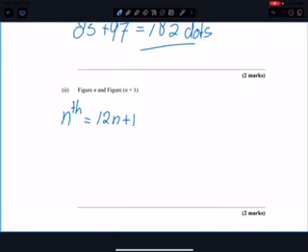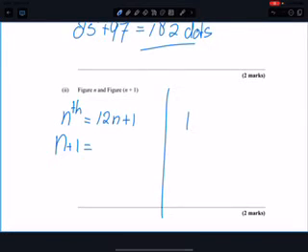So the n plus 1 term, how many dots does that have? That is the number of dots after the 1. So let's say you take 1 for the n. If n was 1, how many dots would you have? 13.